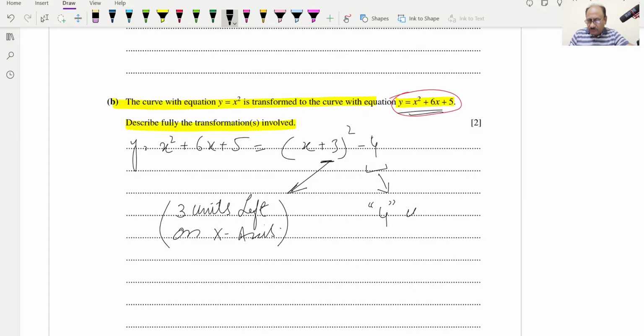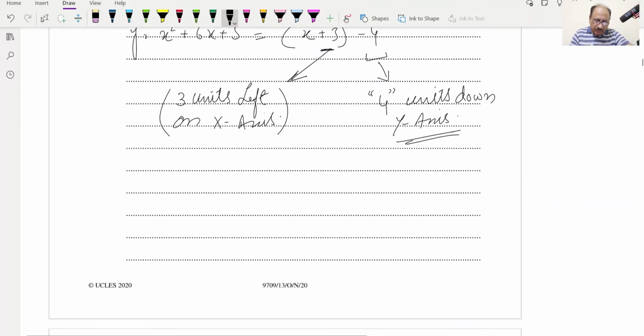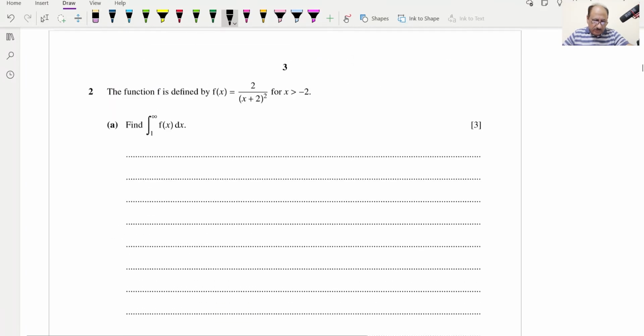So 4 units down on the y-axis. This is the transformation detail, and the translation vector will be what? Translation by vector (minus 3, minus 4), and this will be our answer for this 2-mark question.